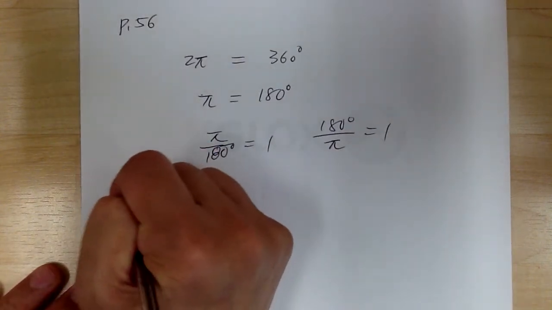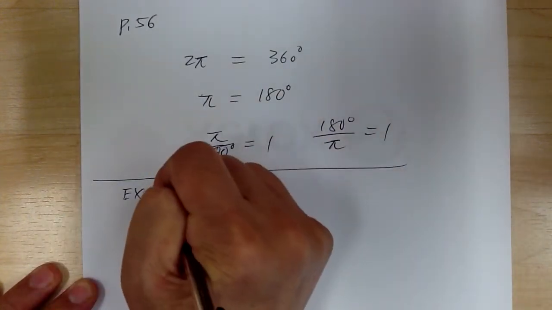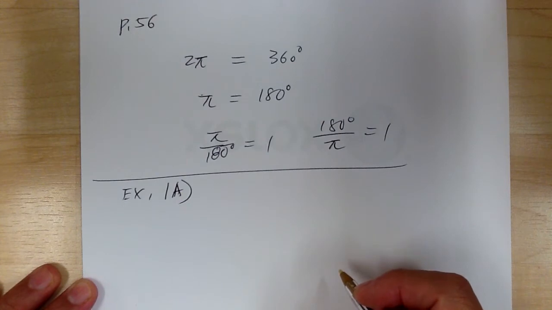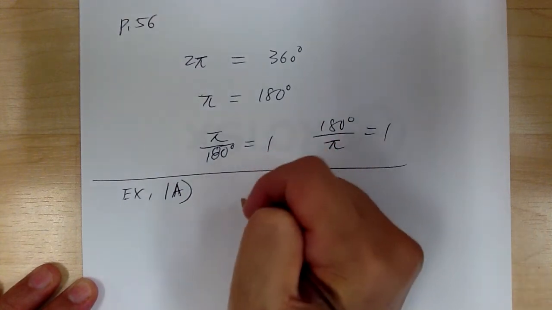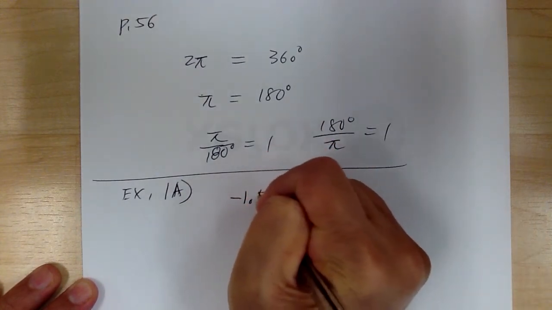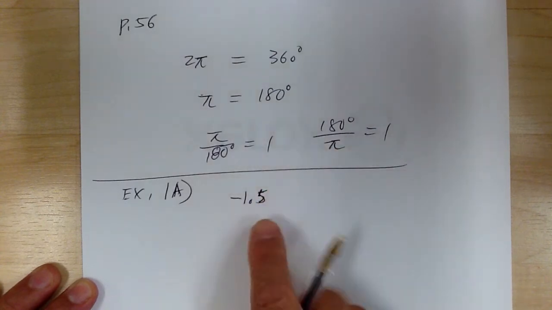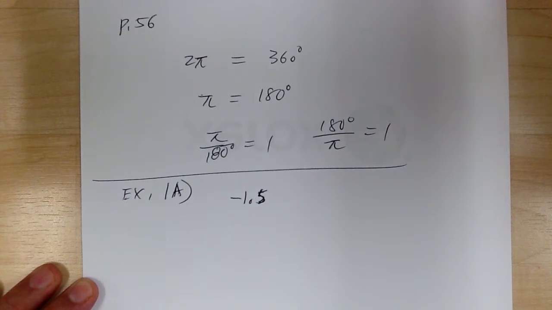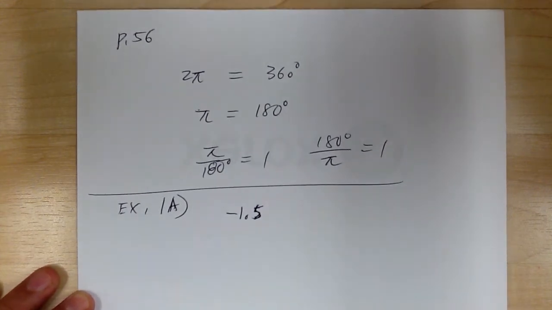Example 1a says find the degree measure of negative 1.5 radian. Normally they just write "rad", and when you see that it means radian. So you're going to convert to degrees. Whatever you're converting to, that's what you put on the numerator, on top.